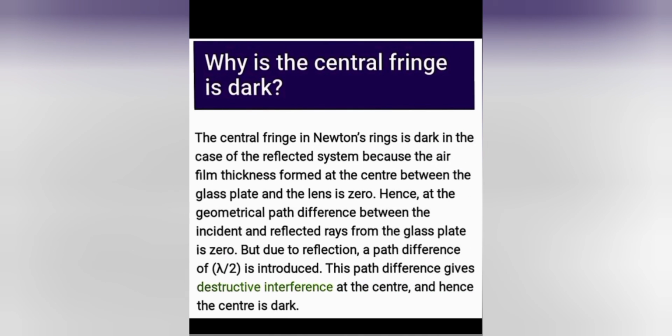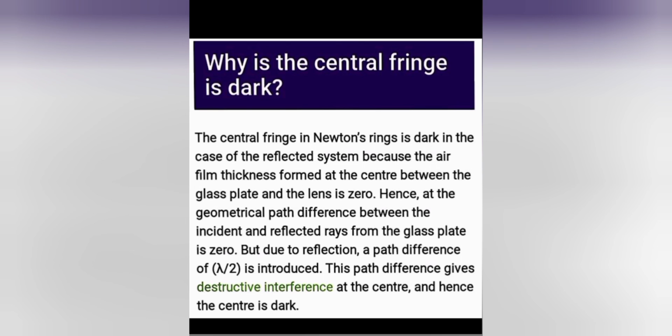Now some questions based on Newton's ring which people asked. Why is the center fringe dark, or why is the center of Newton's ring dark? Answer: the center fringe in Newton's ring is dark in the case of the reflected system because the air film thickness formed at the center between the glass plate and the lens is 0.